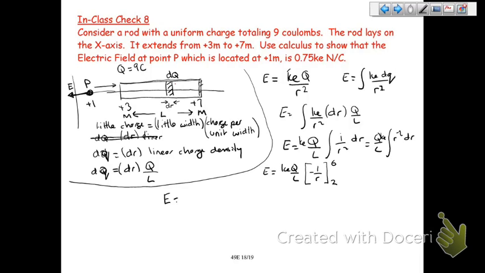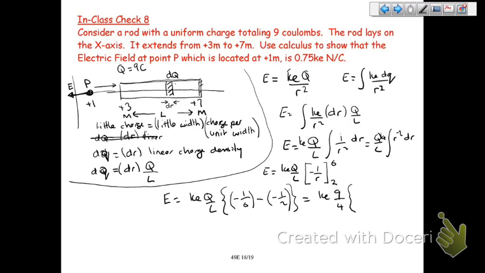So E is equal to KE Q over L, and what's that going to be? Well, I didn't put numbers in, but let's do it now. Minus 1 over 6 minus 1 over 2. So KE, Q is 9, and L is 4.